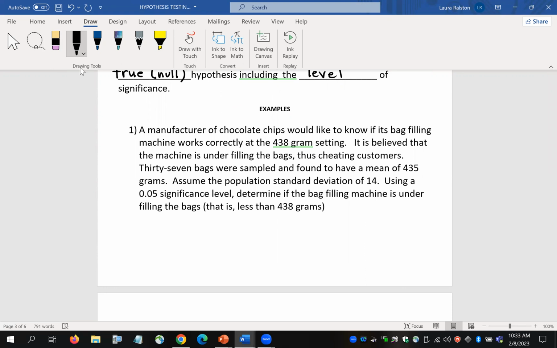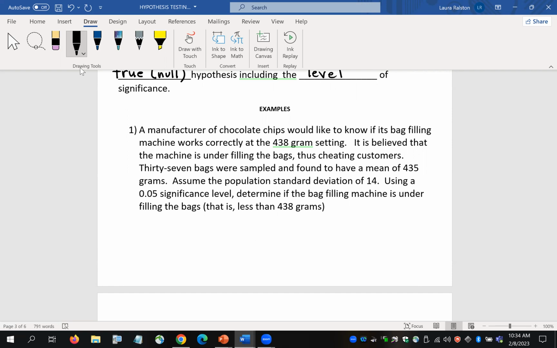Initially, these problems, the scenarios, are 3 to 4 sentences long, so it's a paragraph. You need to read the paragraph from beginning to end before you do anything. So it reads, a manufacturer of chocolate chips would like to know if its bag filling machine works correctly at the 438 gram setting.